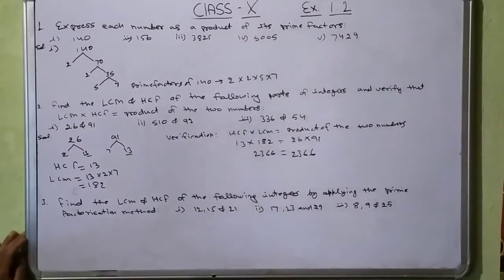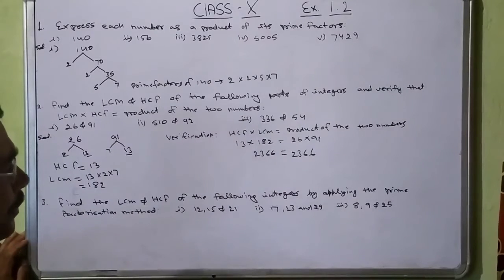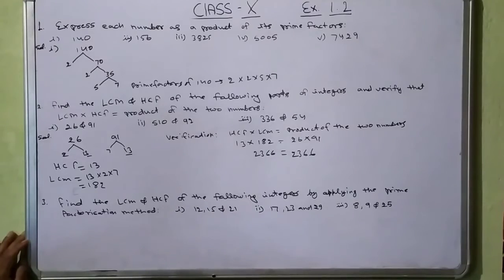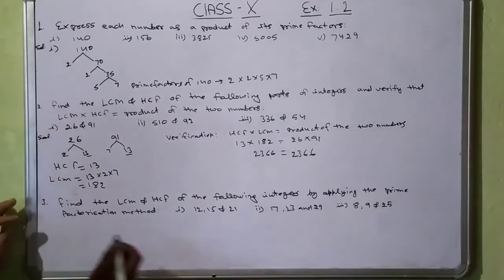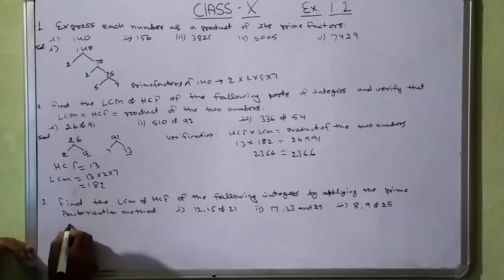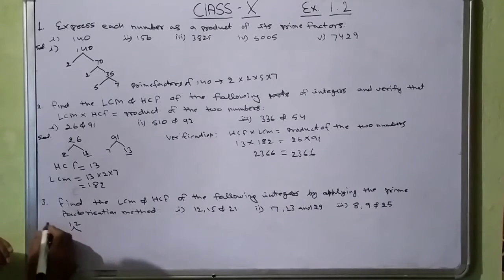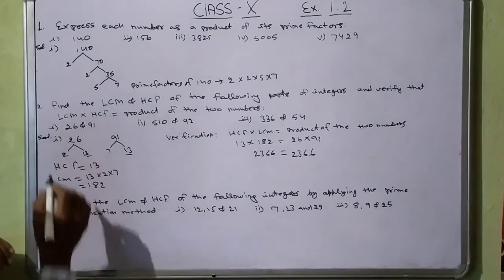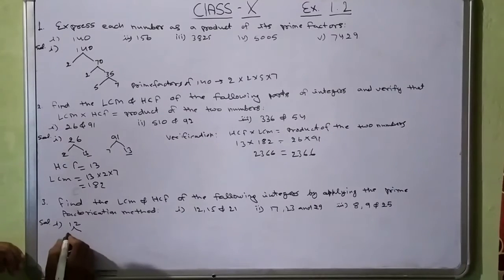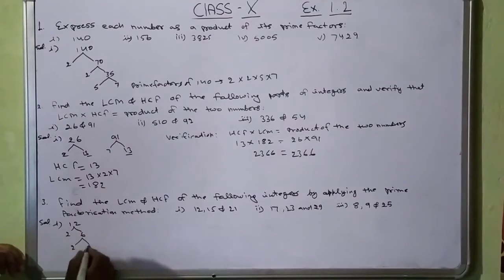Third question: find the LCM and HCF of the following integers by applying the prime factorization method. So here we are finding the LCM and HCF by the prime factorization method. 12 divided by 2 is 6, and 6 again divided by 2 gives 3.